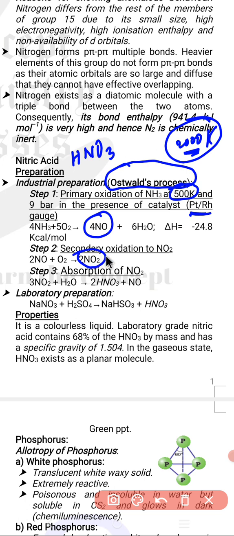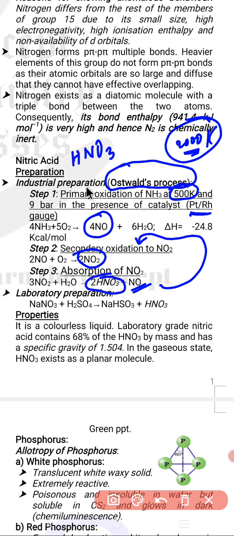NO2 is nitrogen dioxide, and in the third step, this NO2 is reacted with water to form our nitric acid. Along with this nitric acid, a gas is evolved, that is nitric oxide. So we can collect this gas, and we can continue from the second step to produce more nitric acid. So this is the reason why Ostwald's process is used as industrial preparation.